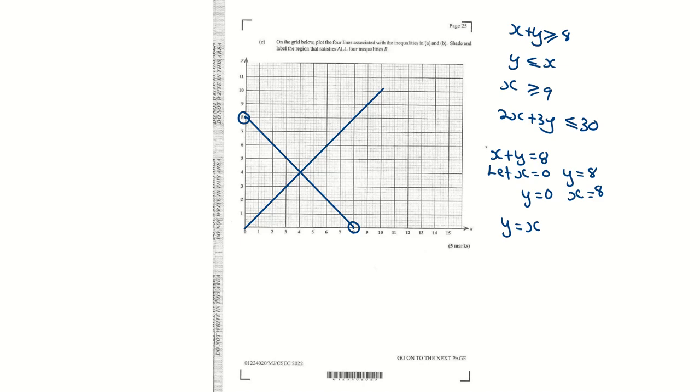So let's just go back to this question. If you look at any values for x, let's say 1, you'll get 1. The largest value for x and y that they have in common is this here.